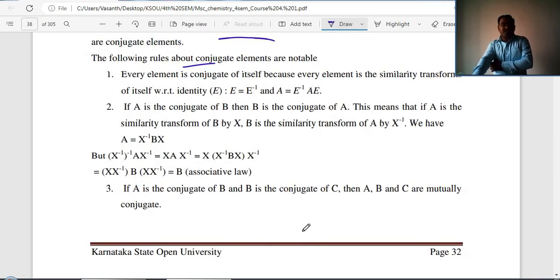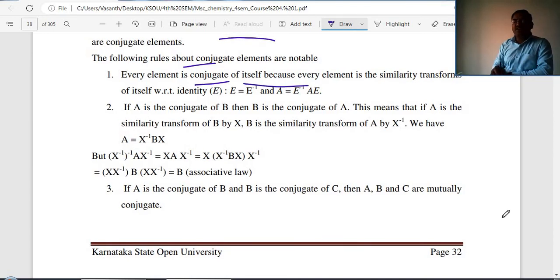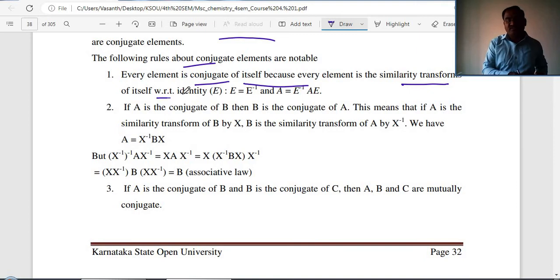But we consider the following rules about conjugate elements. Every element is conjugate of itself, because every element is the similarity transformation of itself with respect to identity.